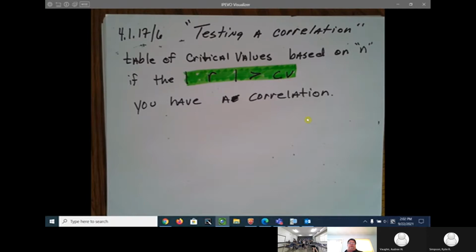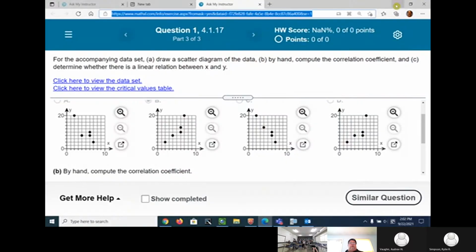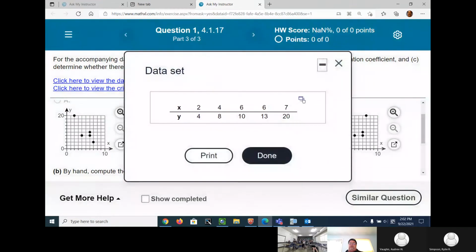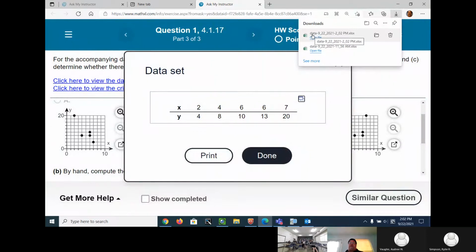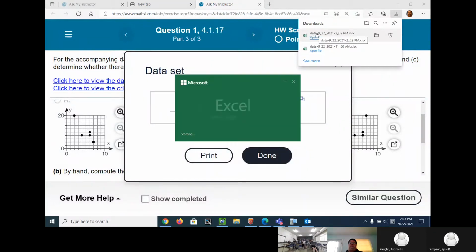So what I'm going to do is 4.117/6 and show you how this works. Here is the data set. I'm going to put it in the Excel spreadsheet so you can see it. And I guess it's the one I just pulled up.